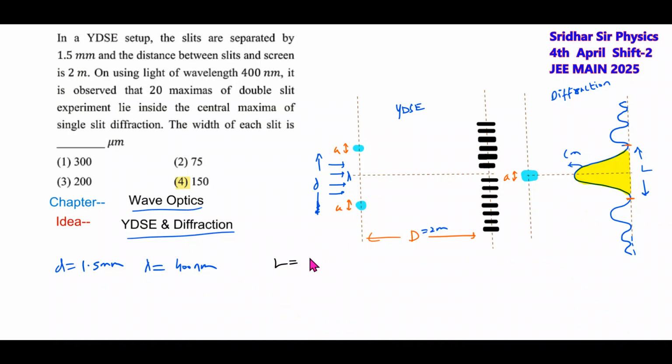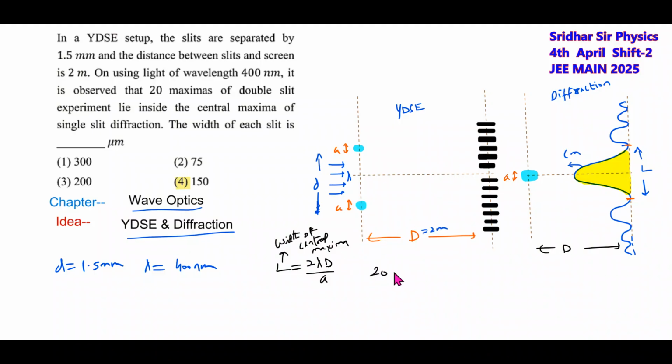It is given by 2 lambda capital D by a. This is the width of central maxima. In this, how many maxima of YDSE will be there? 20.